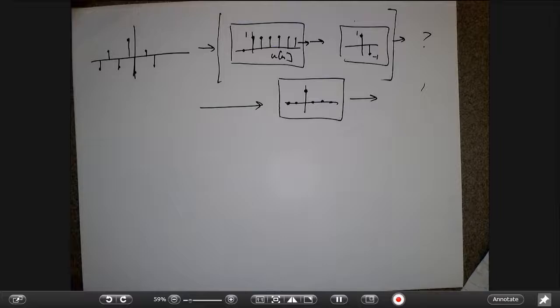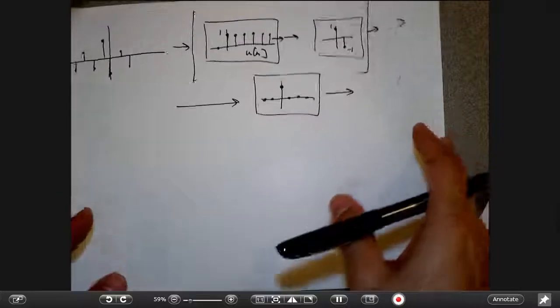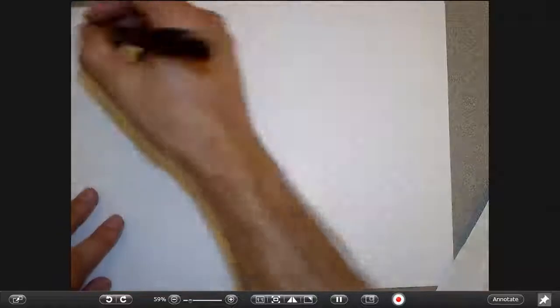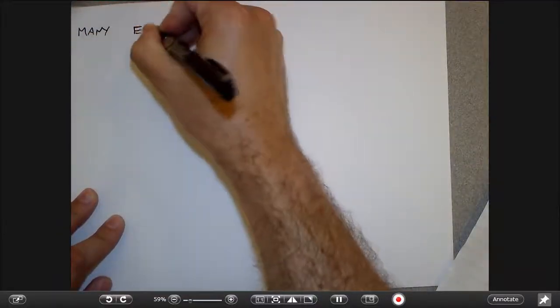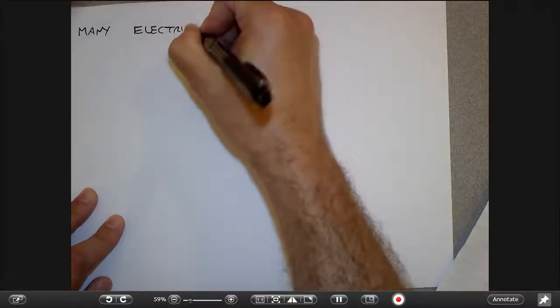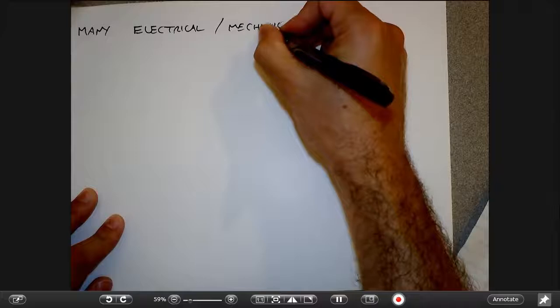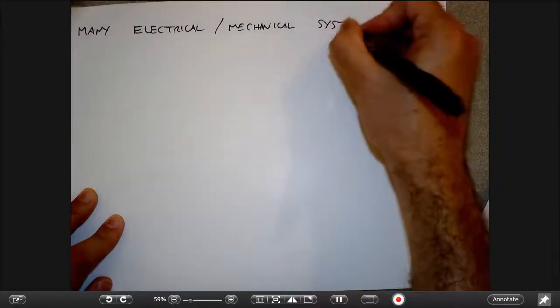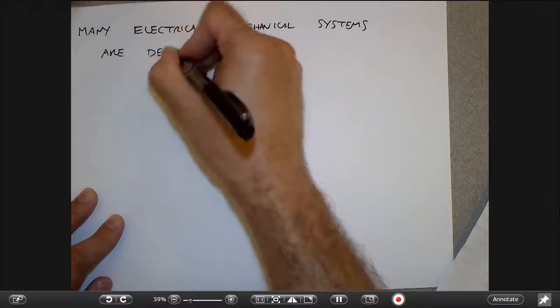Okay. And the last thing I wanted to mention, just in passing, and I think I said this once already, is that many electrical and mechanical systems are described by differential equations.